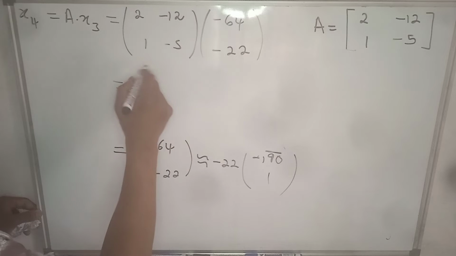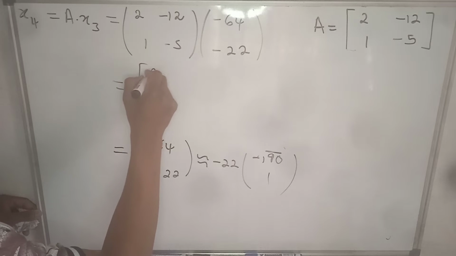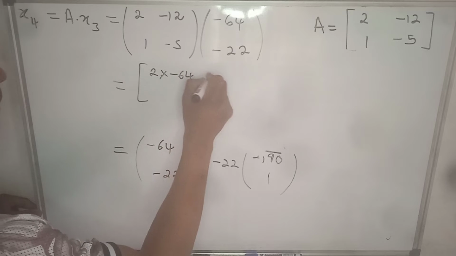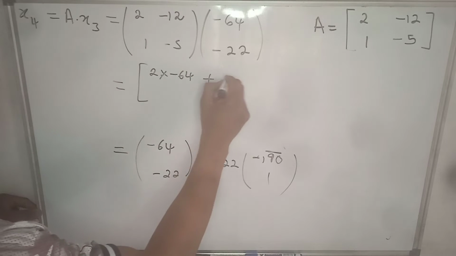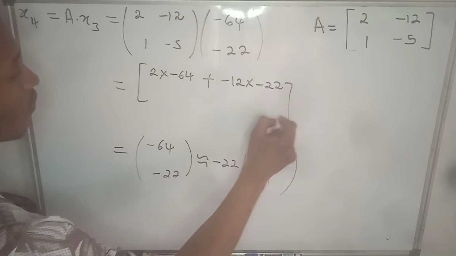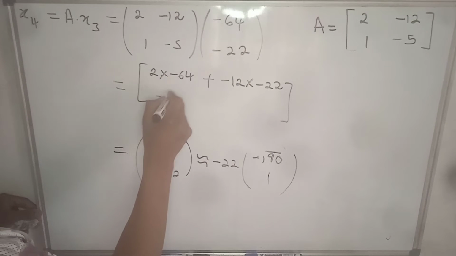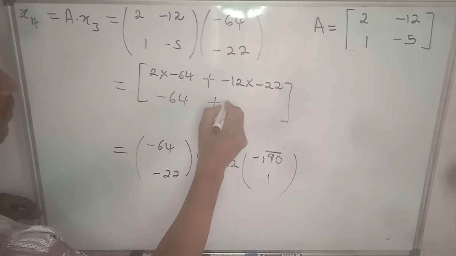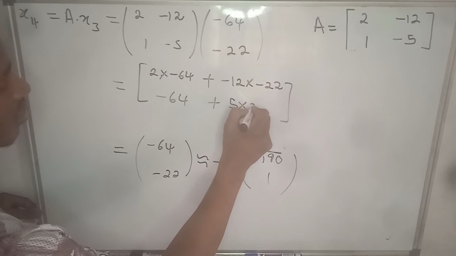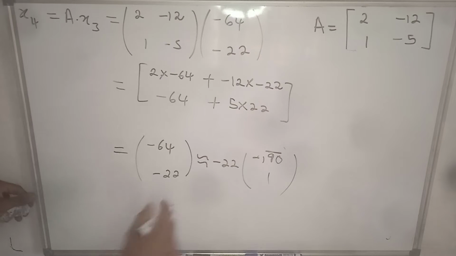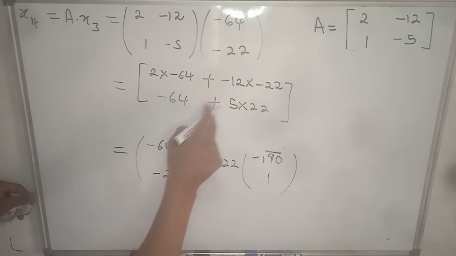So 2 times -64, plus -12 times -22. Then 1 times -64, which is -64, minus 5 times -22, which is plus 5 times 22, as a negative and a negative bring about a positive.